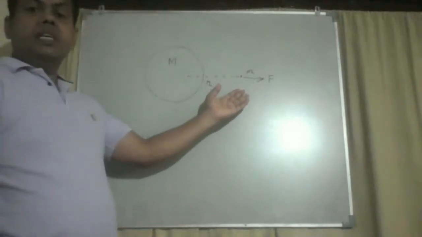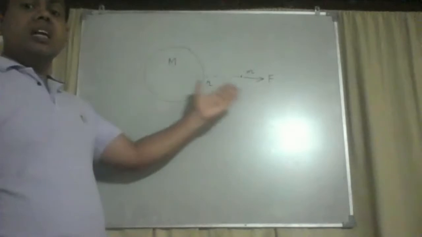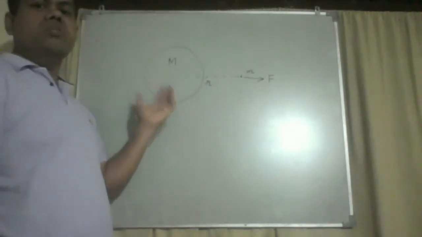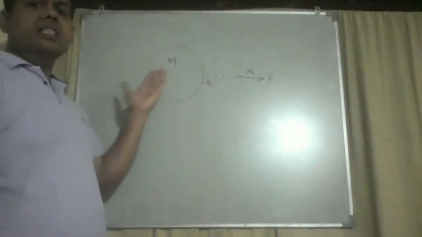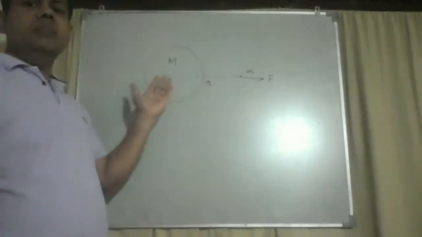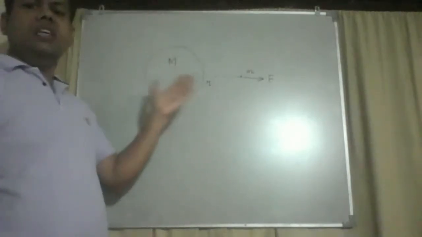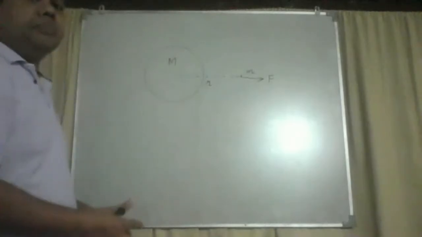If we keep another point mass m at a distance r away from the center of that spherical object, and by applying Newton's law of universal gravitation in between these two objects, we have the following relationship.